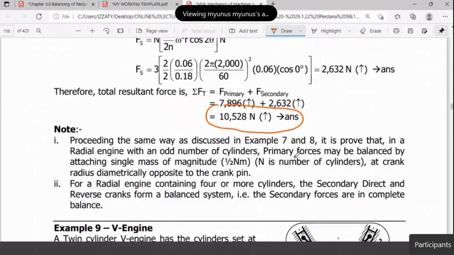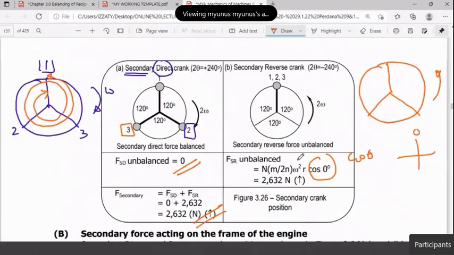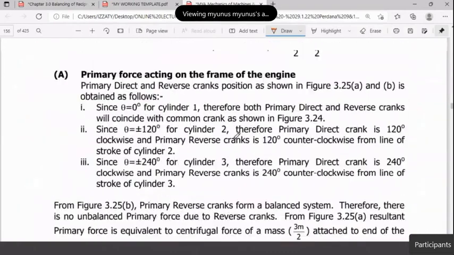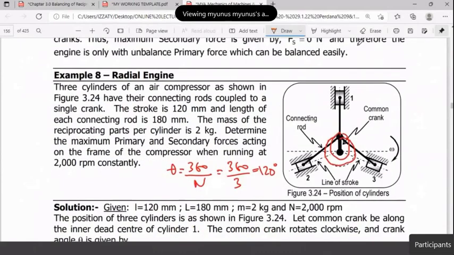So if you want to balance the engine, you are going to make a balancer pointing downward, because everything is pointing upward and nothing is pointing down. So the system is now balanced.